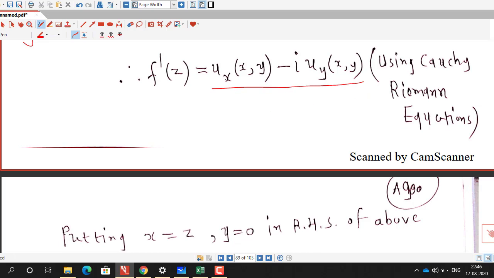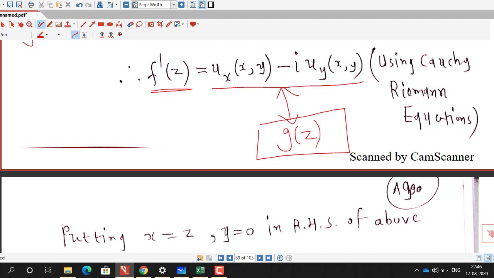So what is the idea of Milne and Thomson? You convert this right hand side in terms of z, that means you write the right hand side as a function of z. If this is possible, then the left hand side is a function of z, and if we integrate this function of z, we will be able to find f(z).